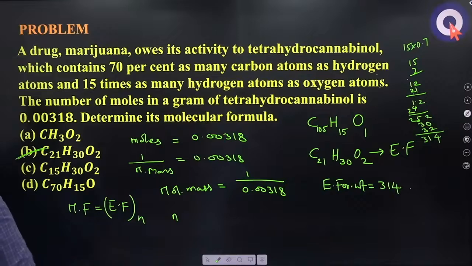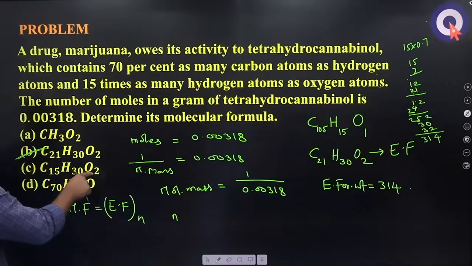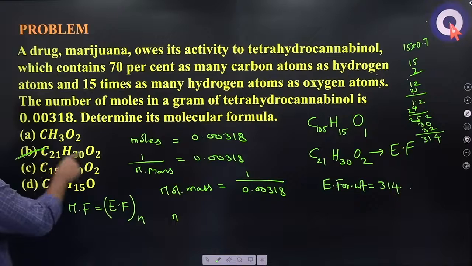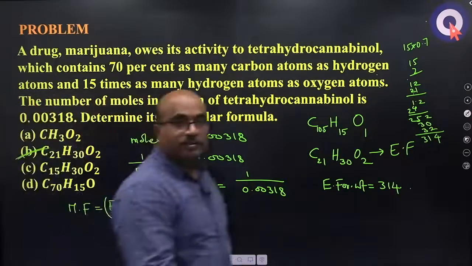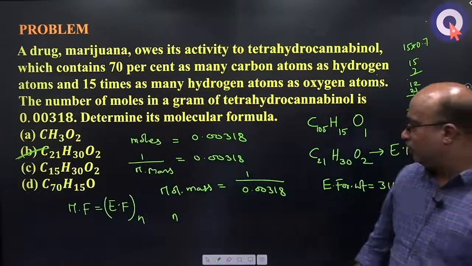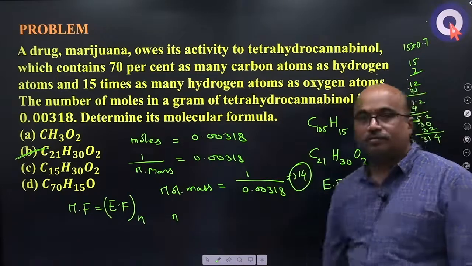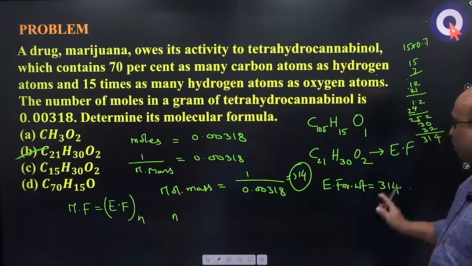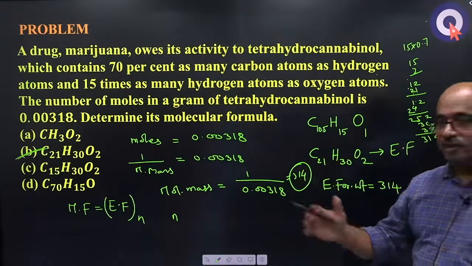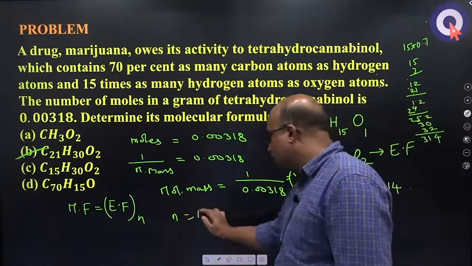It looks like that only. So this is the only relation that satisfies. You may get now 340. So the empirical formula and molecular formula are the same. n is equal to 1.